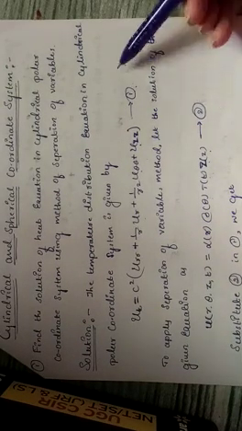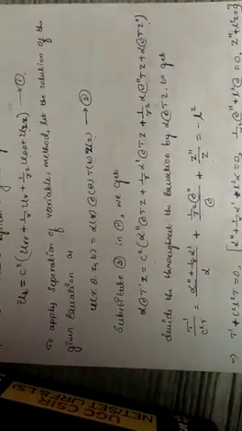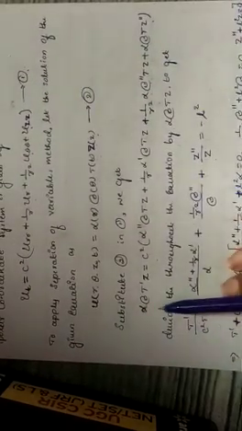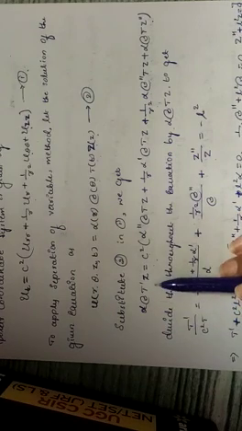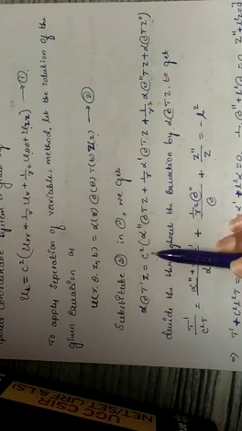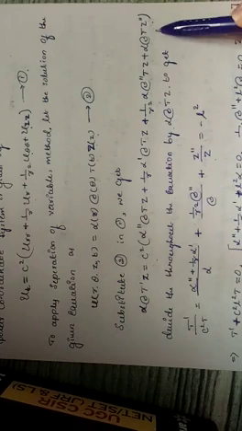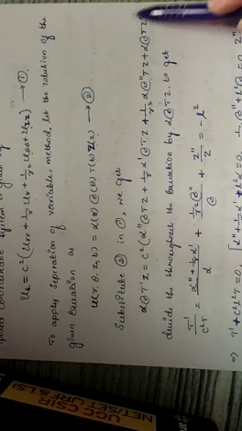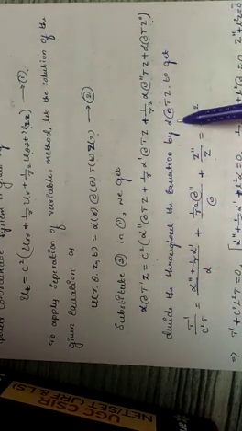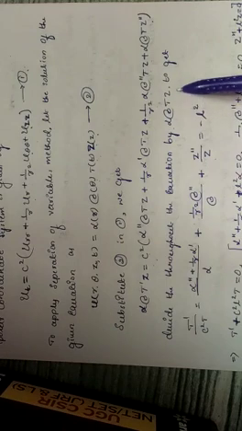Now substitute equation 2 in equation 1. Then equation 1 becomes alpha into beta into T dash into Z equals c square of this expression.